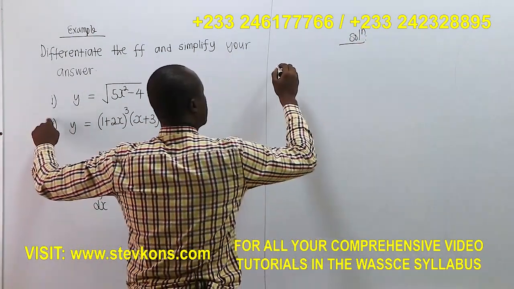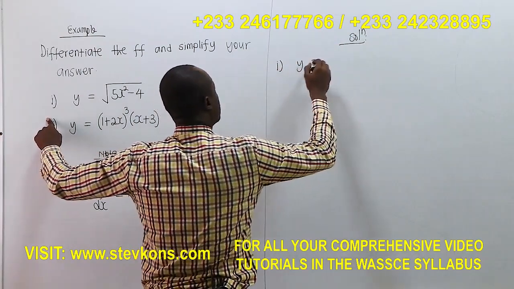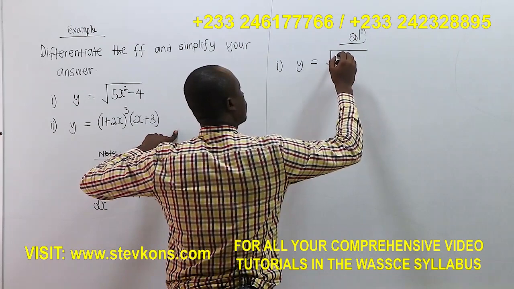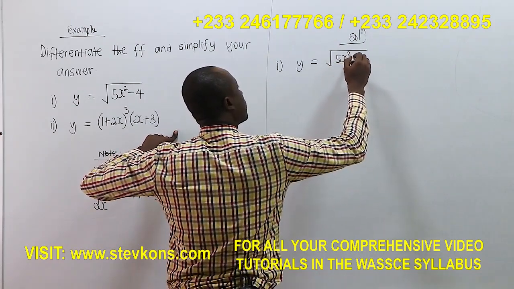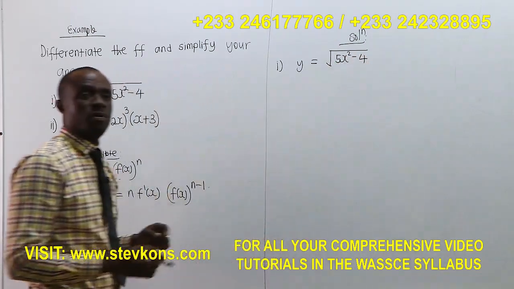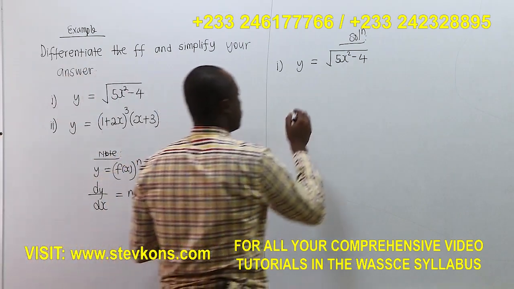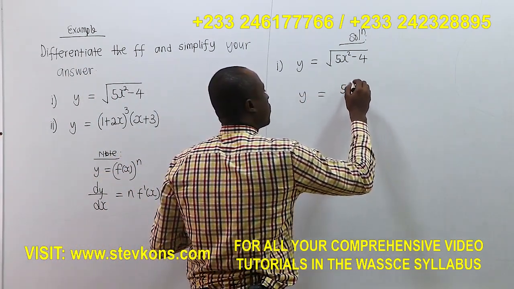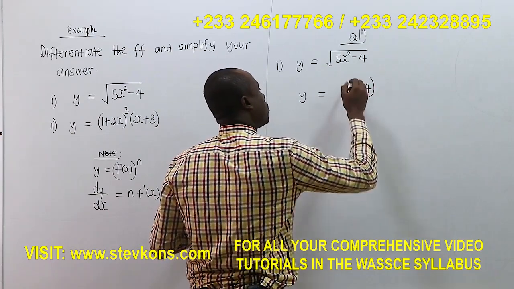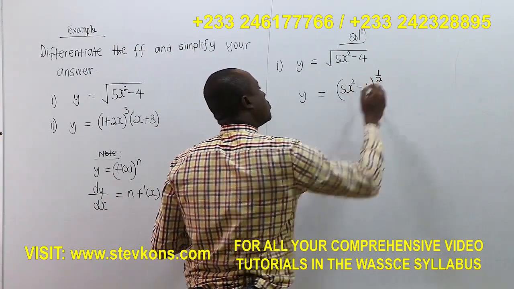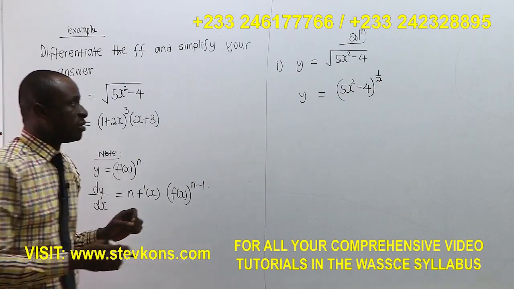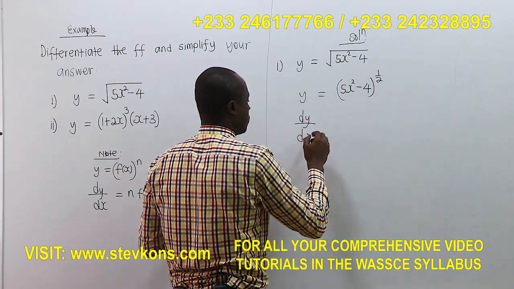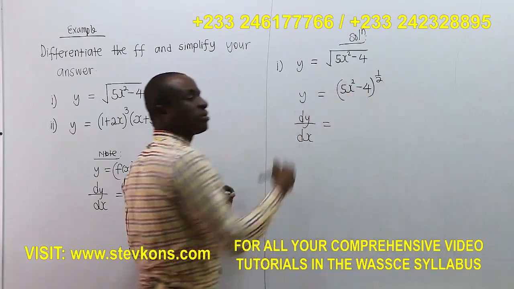Hence, the first one, we have y equal to the square root of 5x squared minus 4. This is the same as y equal to 5x squared minus 4 all to the power half. So dy dx, now the n has to come down.